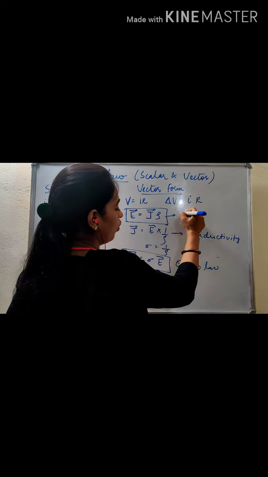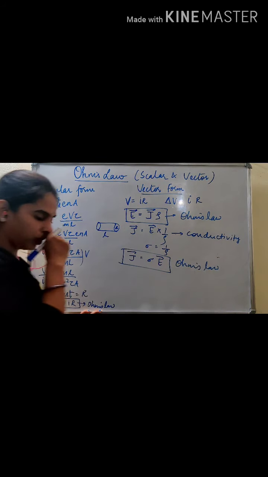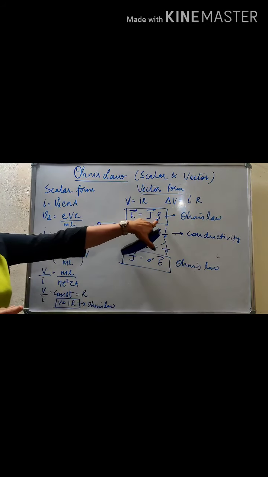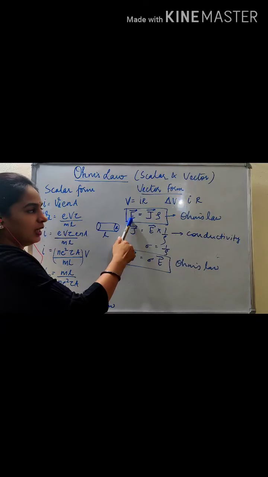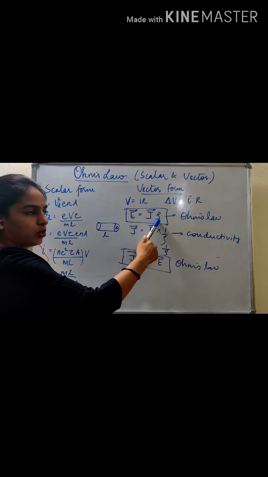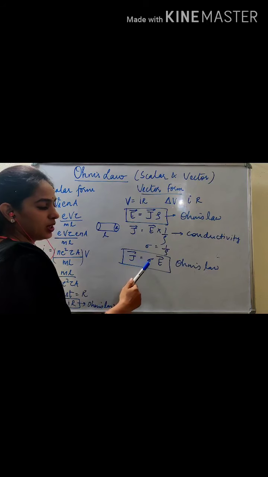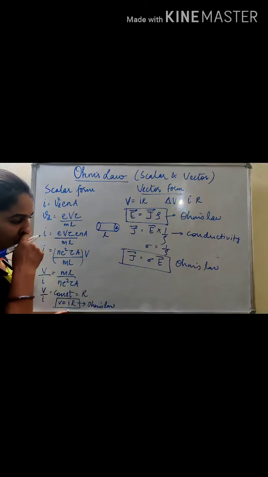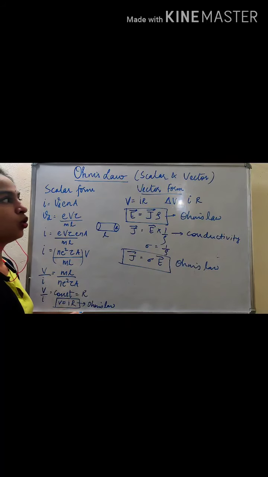So if you have resistivity, current density and electric field, you can express Ohm's law as E is equal to J rho. If you have conductivity, then you can write J is equal to sigma E. These are the two forms of Ohm's law in vector form.